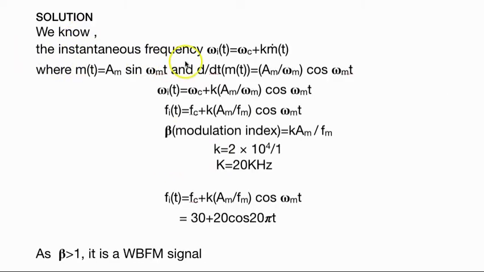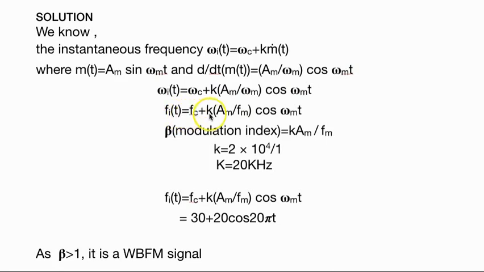We know the instantaneous frequency omega i is omega c plus k m(t), where m(t) is A sin omega m t and its integral is A by omega m cos omega m t. Omega i is omega c plus k Am by omega m cos omega m t.